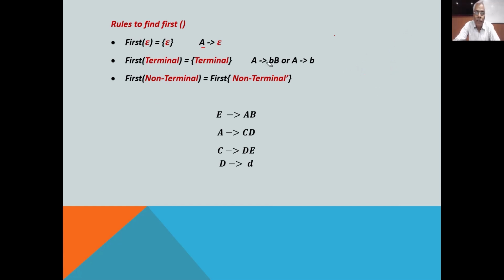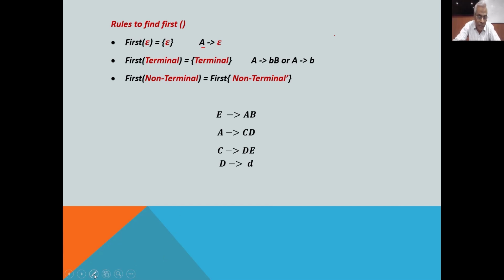The next rule is, suppose the given production is A to small b capital B, then first of A equals first of the first symbol. Here the first symbol is a terminal, so first of this terminal will be the same terminal.